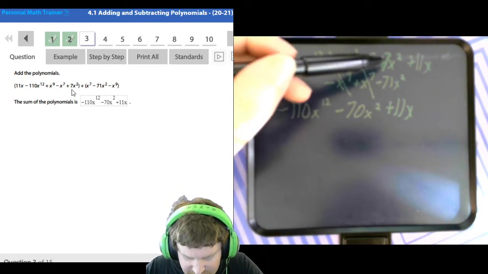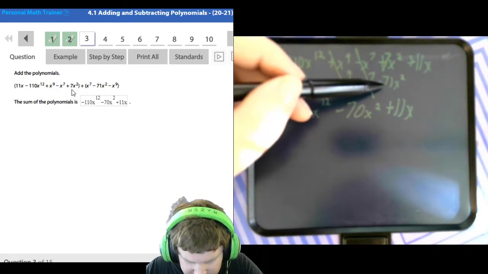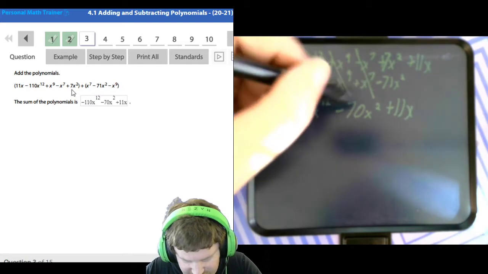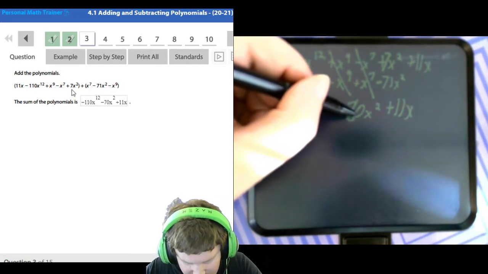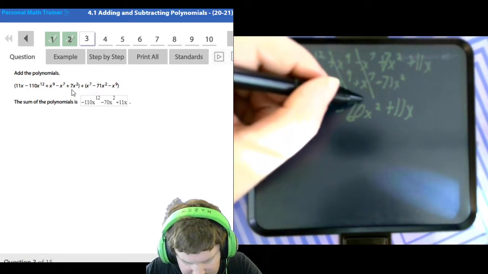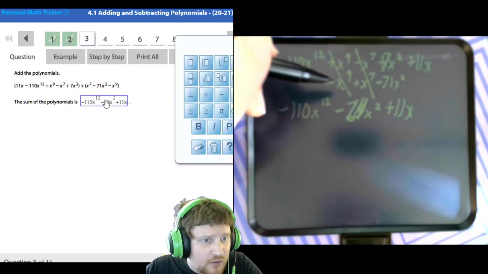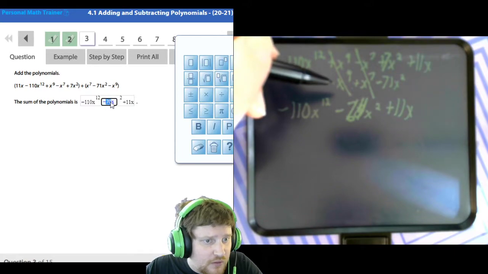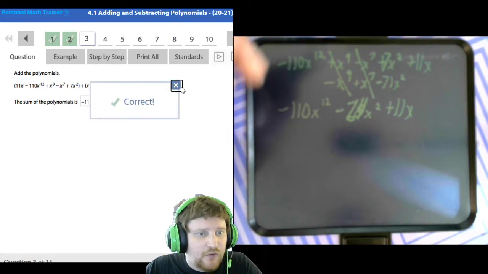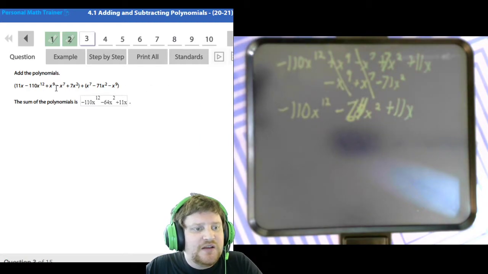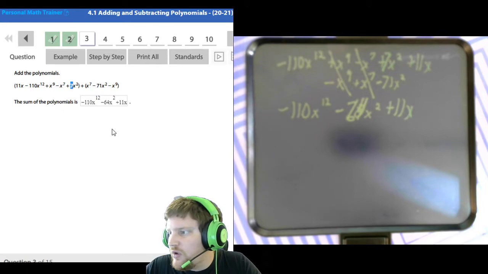However, 7x squared minus 71 becomes 6 higher than that, so that's negative 64. So what I did there was, instead of writing 7x squared, I just wrote x squared.